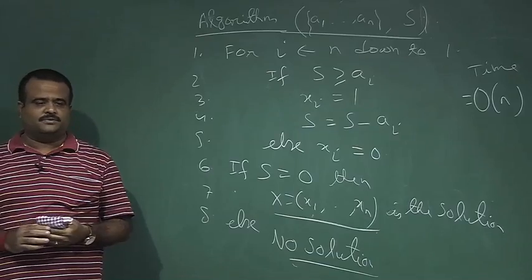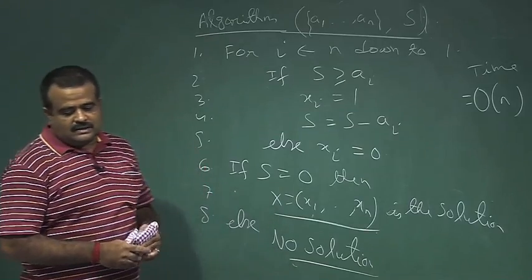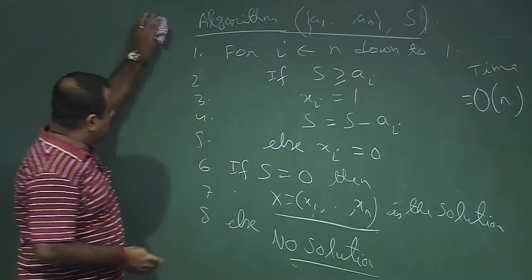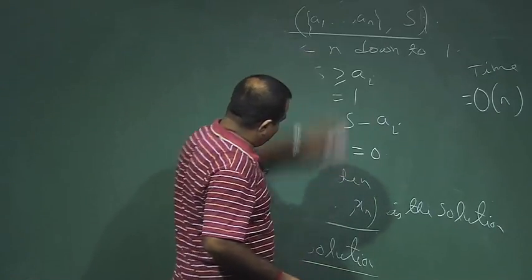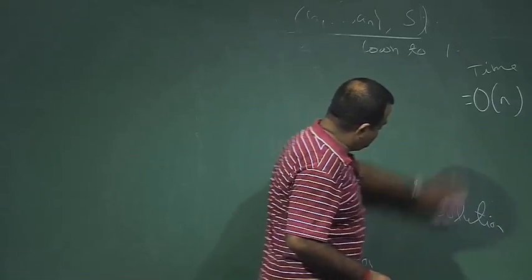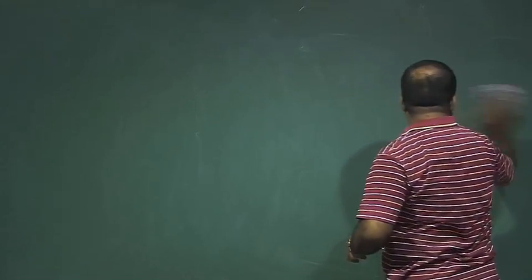called the knapsack crypto system, which was developed by Merkle and Hellman. So let us talk about that crypto system. This is a public key crypto system.